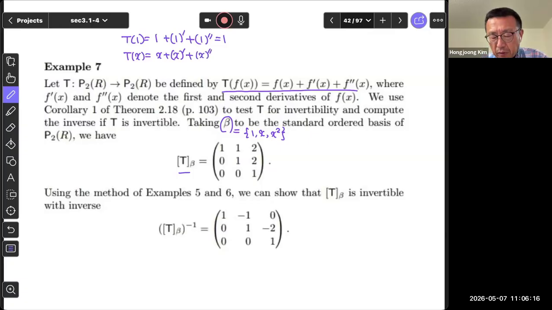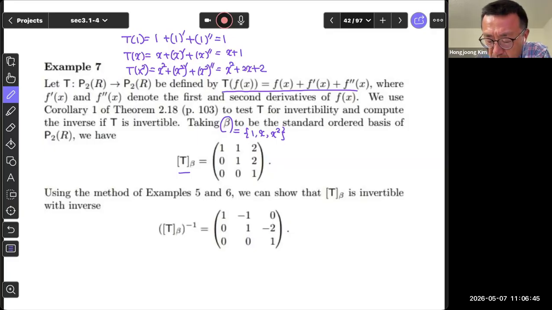The first derivative of x is 1 and the second derivative of x is 0. So you get x plus 1. And the image of x squared will be x squared plus the first derivative of x squared and the second derivative of x squared. So that is x squared plus 2x plus 2.